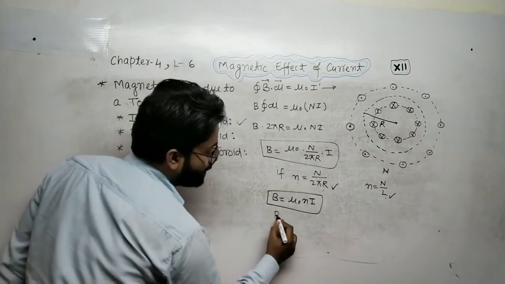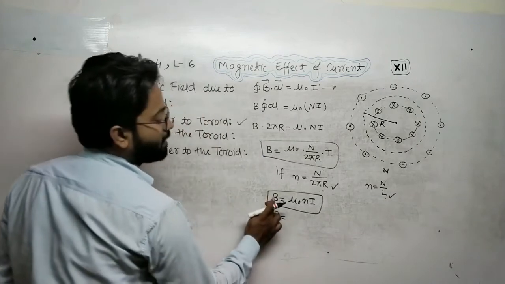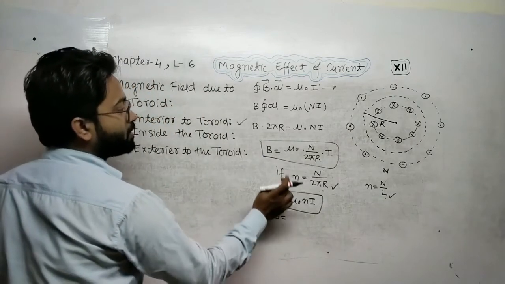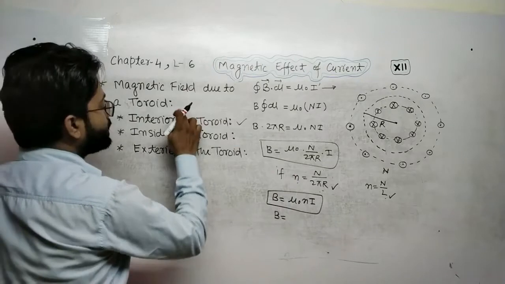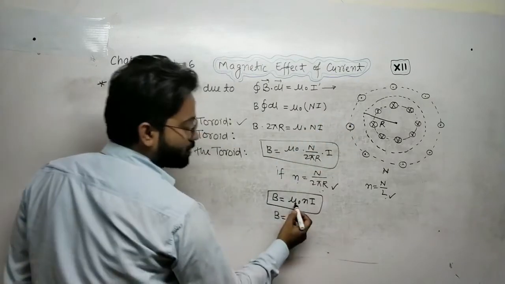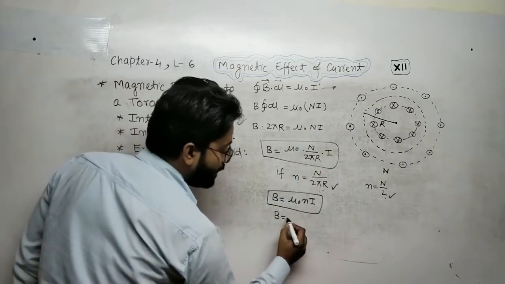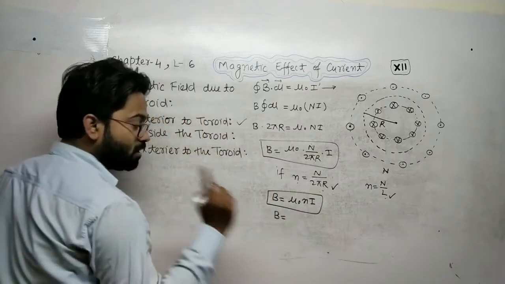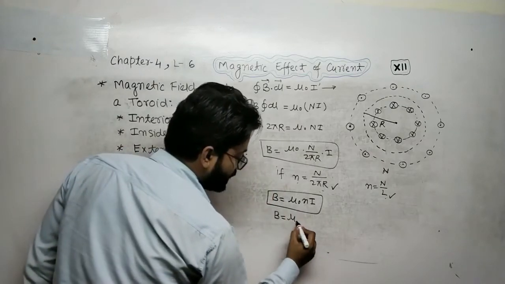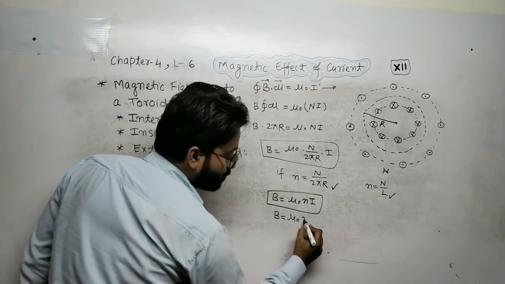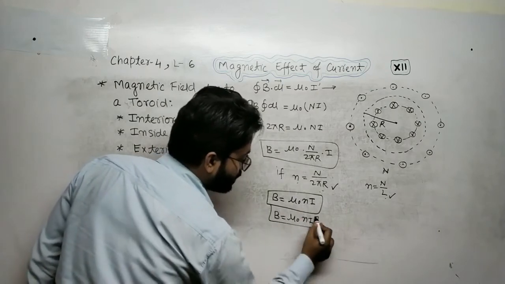You know that the magnetic field due to a toroid, inside the toroid, is equal to mu naught times n i, and you know that in the solenoid lecture we have studied that B is equal to mu naught times n i.